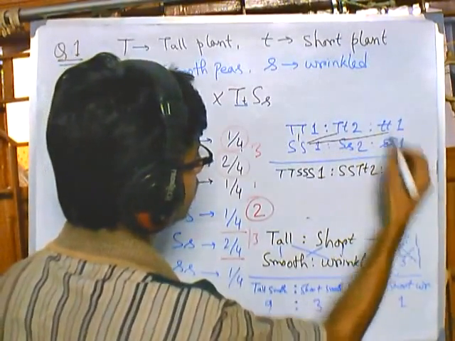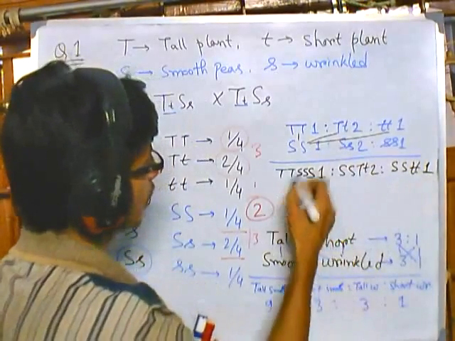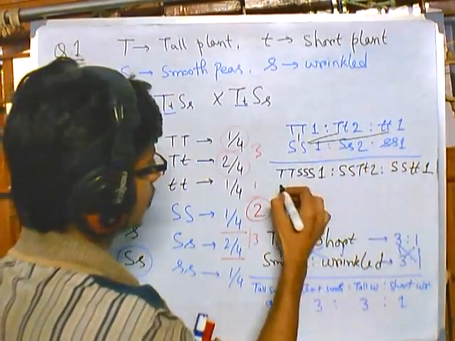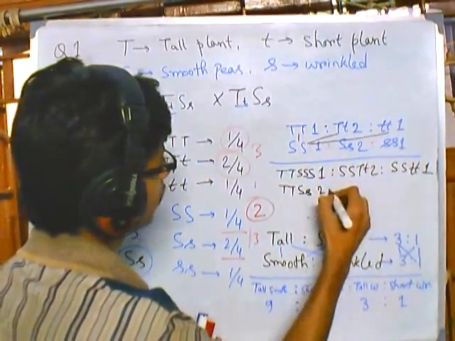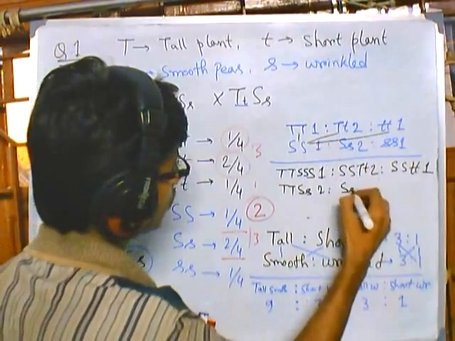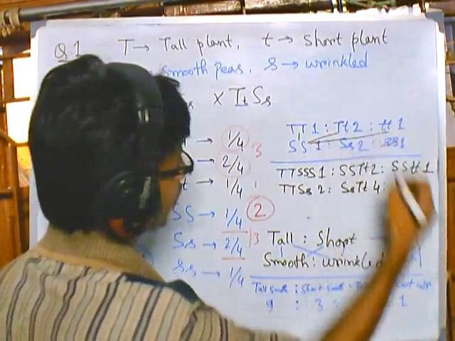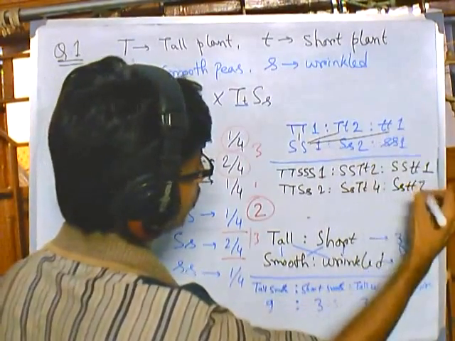Again small t, 1 into 1 is 1. Okay, now let us take this one. So caps T small s, 2 into 1 is 2. Then this one caps S small s, caps T small t, 2 into 2 is 4. Then this one caps S small s, small t, 2 into 1 is 2.